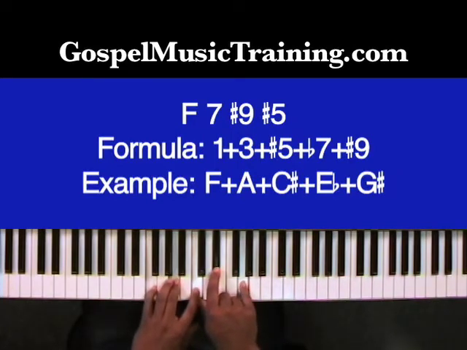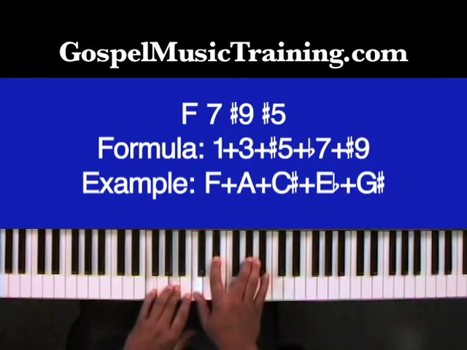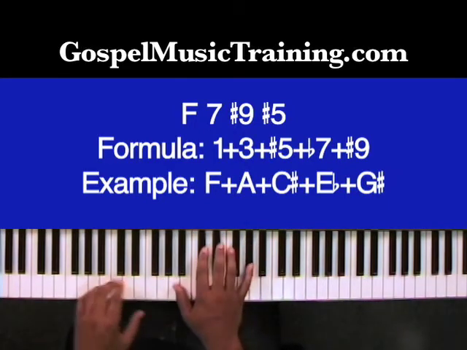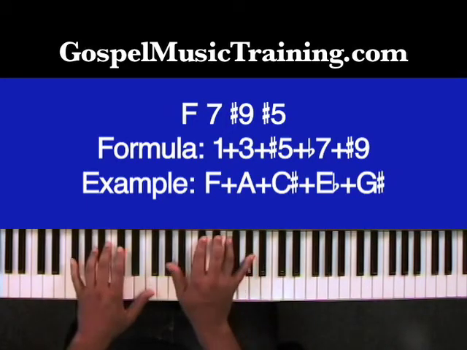All right, so this is a 7, sharp 9, sharp 5 chord. So what we have to do is do what it says, sharp the 9. So instead of playing G, which is the 9, we're going to play G sharp. And then we're going to sharp the 5 too as well, which is C. So now we have this chord, and it's used the same way.